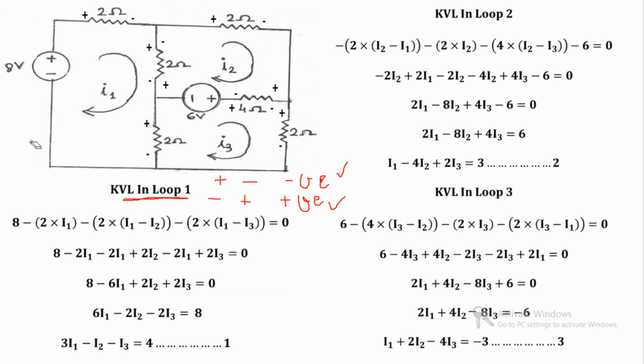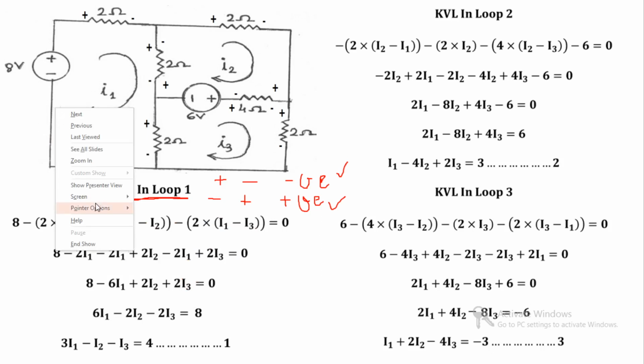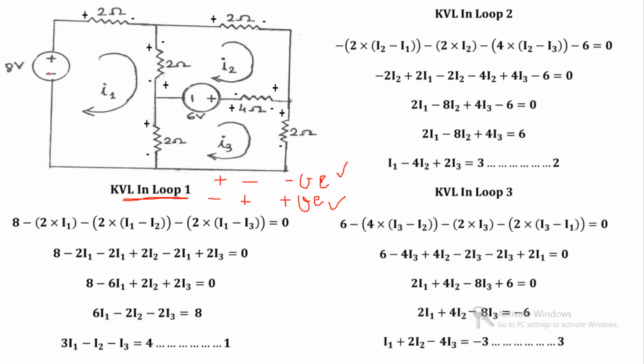So for loop 1, current will enter the 8 volt source from minus to plus, so we will take it as plus 8. Here in the 2 ohm resistance, current will flow from plus to minus, so we will take it as negative. That drop is minus 2I1. Again, this 2 ohm resistance is in between loop 1 and loop 2.